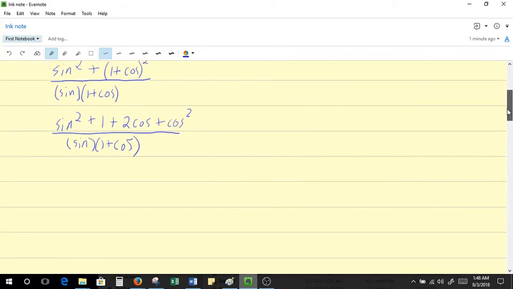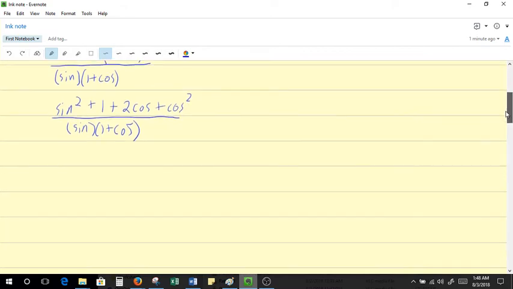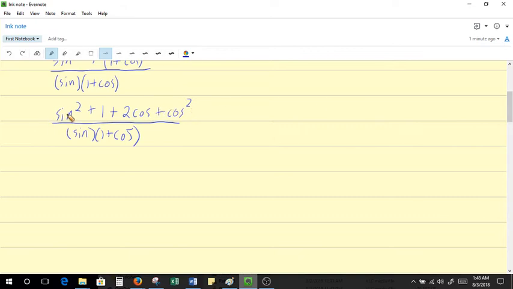We've seen it almost every problem, if not every problem. That's going to equal 1. We add sine squared and cosine squared together, so we're going to get 1 plus 1 plus 2 cosine all over sine times 1 plus cosine.